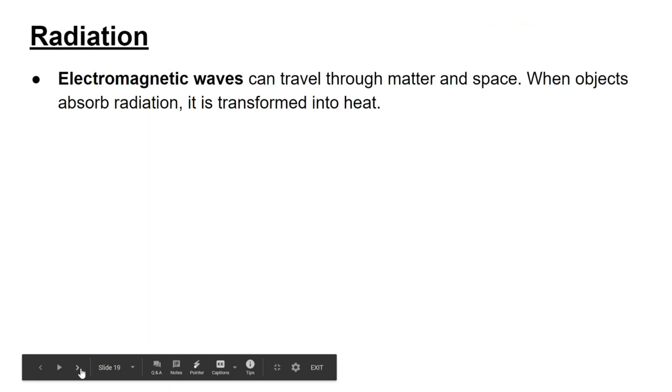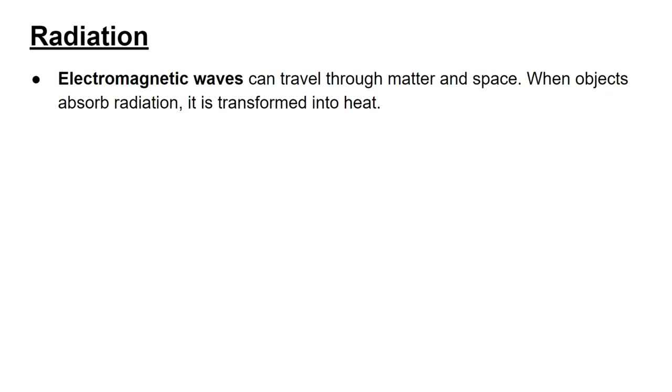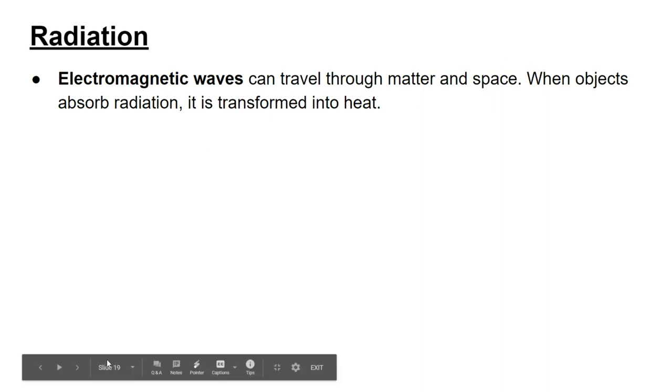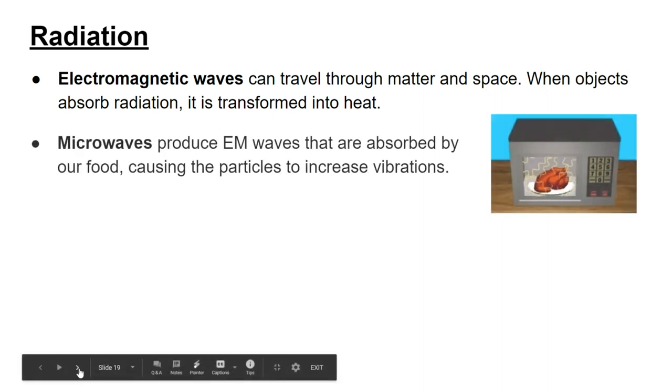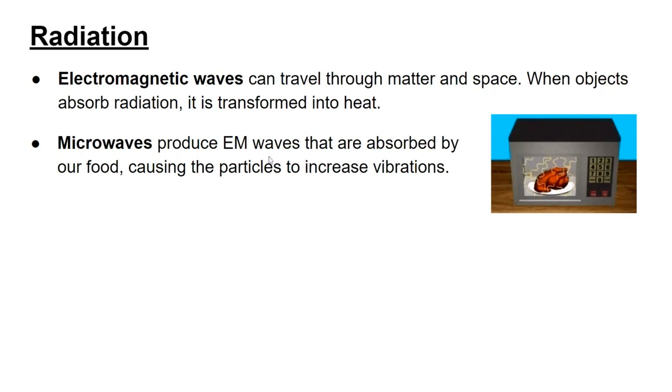Radiation. Electromagnetic waves can travel through matter and space. Remember the electromagnetic spectrum that we did? All the ultraviolet radiation, the IR, the UV radiation. And when objects absorb radiation, it is transformed into heat. A microwave produces electromagnetic waves, and they are absorbed by the food, causing the particles to increase vibration.